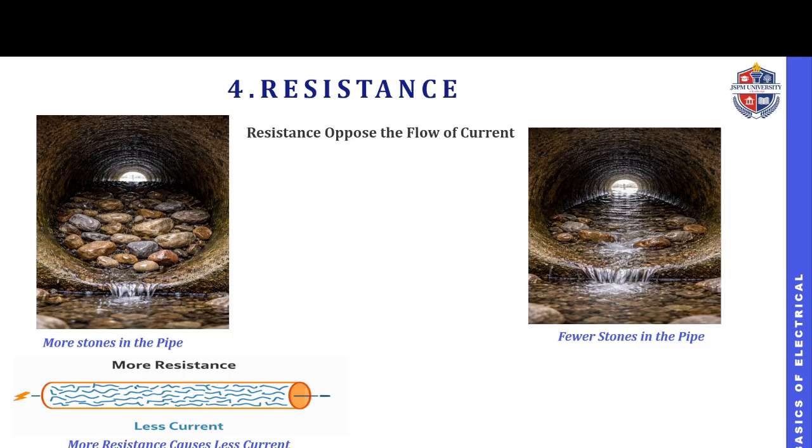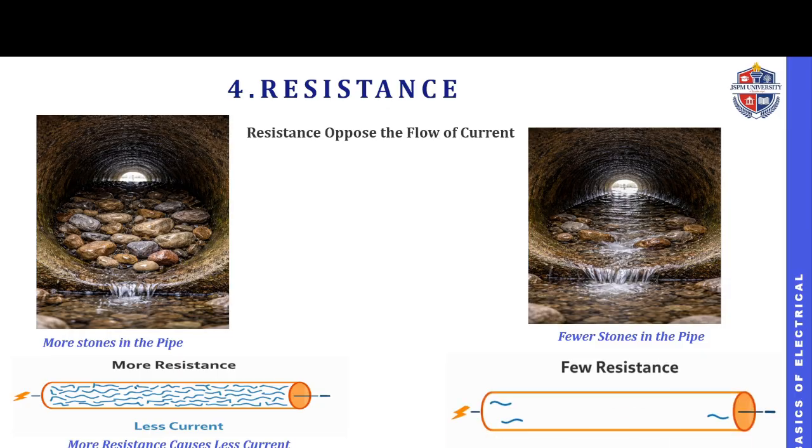It will flow very easily compared with the previous one. In a similar way, when the resistance is less, the current flowing will be more. So ultimately, resistance opposes the flow of current. If the resistance increases, current will reduce. When the resistance reduces, current will increase. This is the ultimate concept behind resistance.